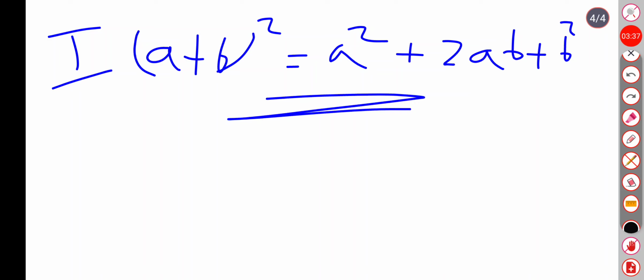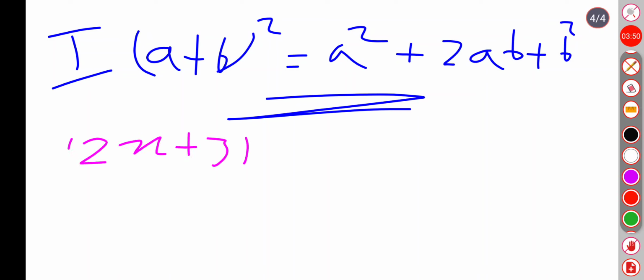And how do we factorize using this identity? First of all, let's learn how to expand using this identity, a square plus 2ab plus b square. So the question we have here is expand 2x plus 3 the whole square. How do we expand this term?